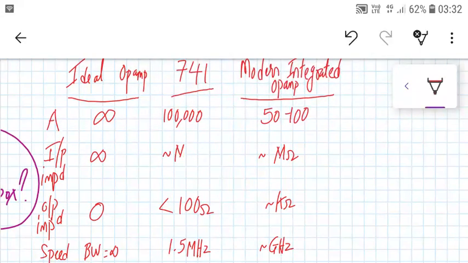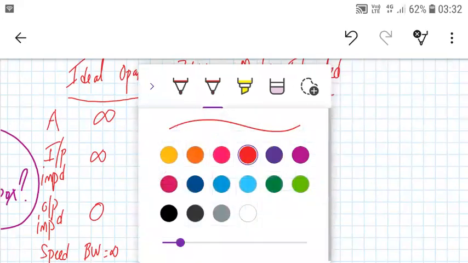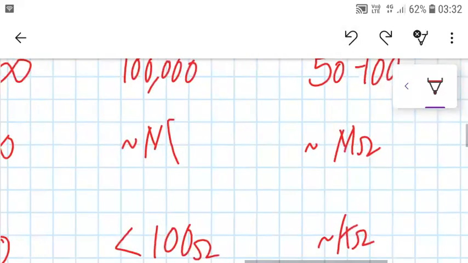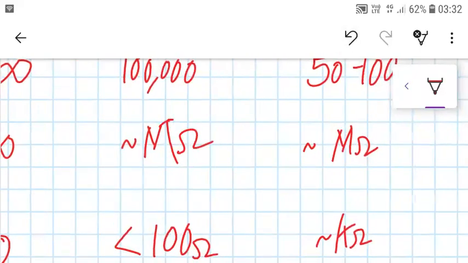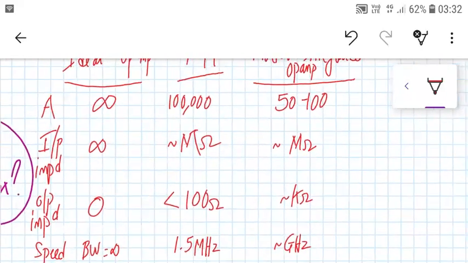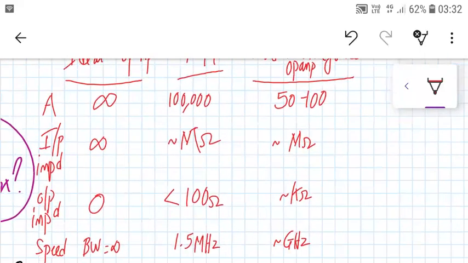It's basically ohms, not hertz. So input impedance is several mega ohms for both 741 and modern integrated op-amp.